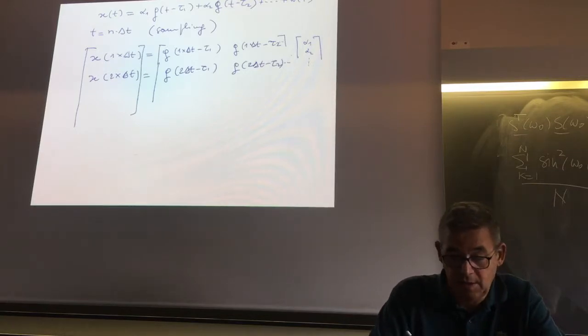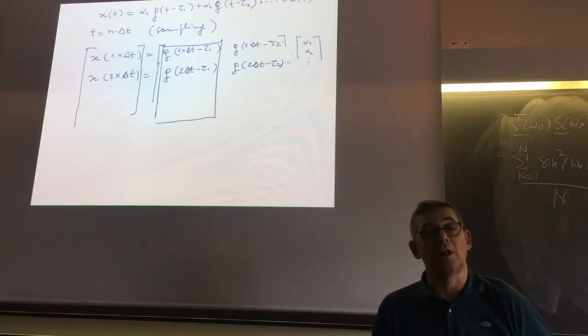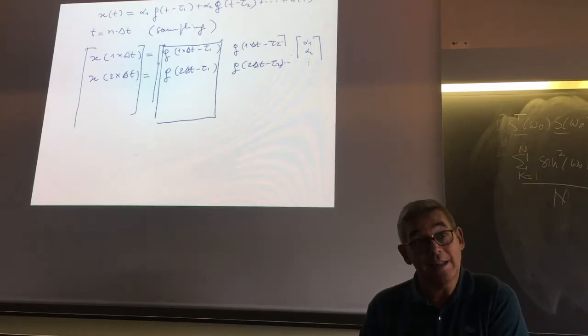I create all these columns. This column is g delayed by tau 1 and sampled.